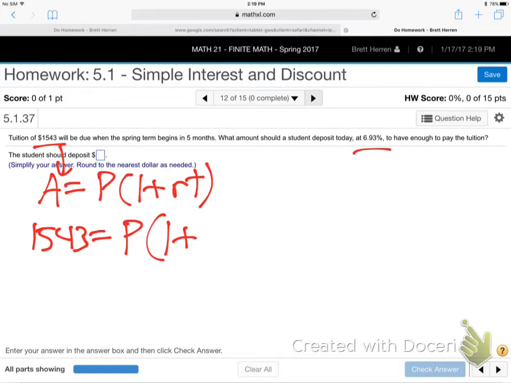All right, interest rate, 0.0693, time, 5/12, right? 5 months, 5/12 of a year. So there we go. P is saying, I want to be alone. So what do we do to get P alone? Yeah, one big old divide, huh?